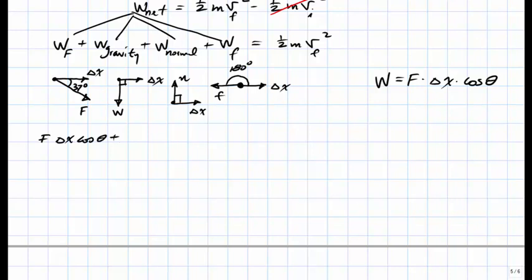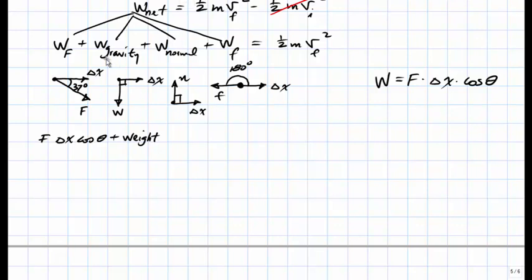The work done by gravity equals the force of gravity. Now, the force of gravity is referred to as weight, or W. I will write out the word weight so we don't confuse it with work.